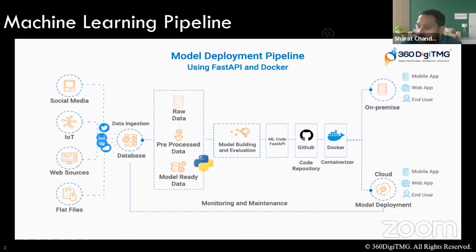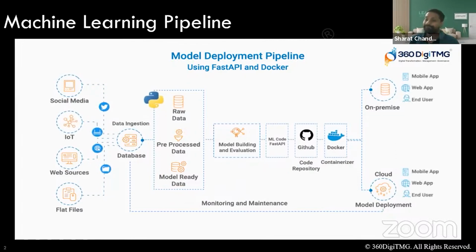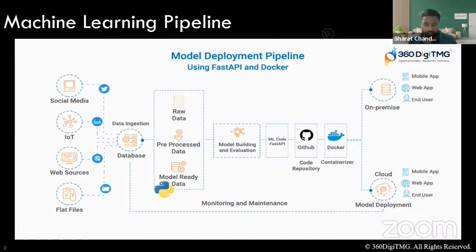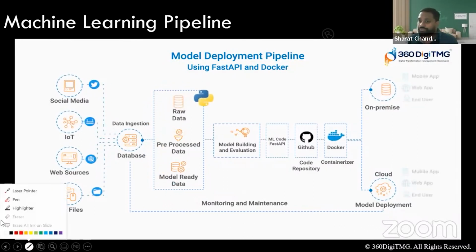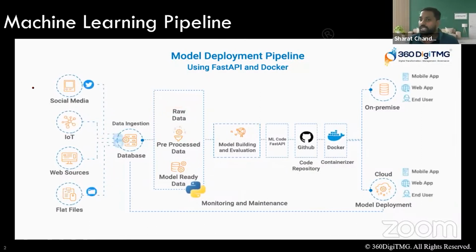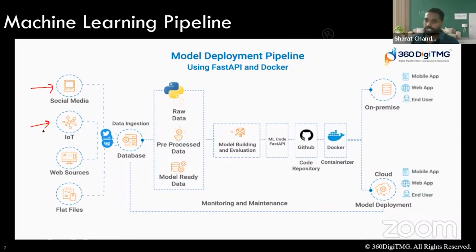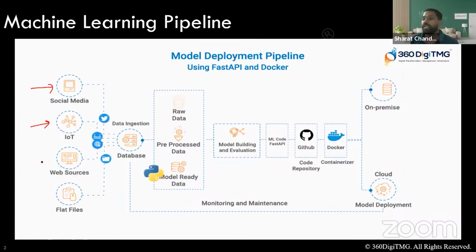Now, when we talk about the data sources, we also have to understand that the format of the data is definitely different from different sources. Like you see here, in social media, the majority of the data is unstructured. Then we have IoT devices which are generating sensory data.